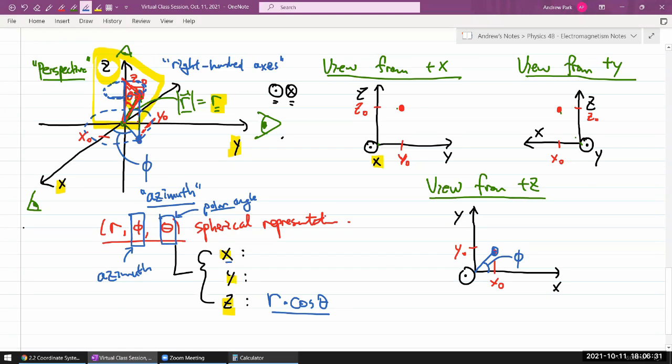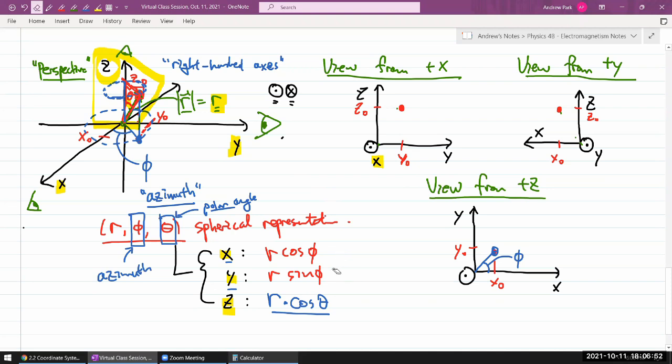The x and y components are what I had trouble with when I was first learning the spherical coordinate system. I wanted to say that x is r cosine phi and y is r sine phi. And what I'll tell you is that that's wrong.